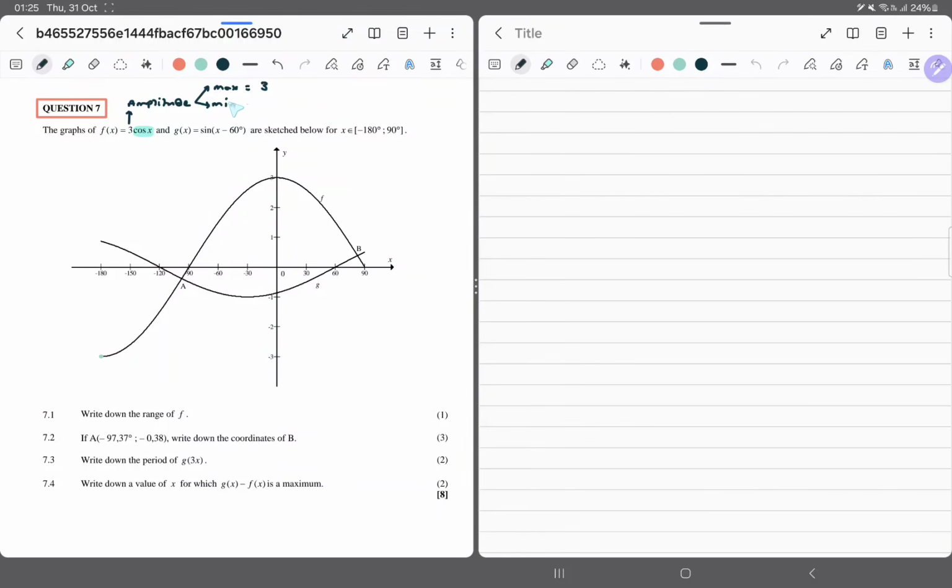Maximum would be the 3 because this is not shifted horizontally or vertically, but mainly vertically. And this is going to be the negative version of it. We know that that constitutes the range of our function. Basically, maximum and minimum gives us the range.